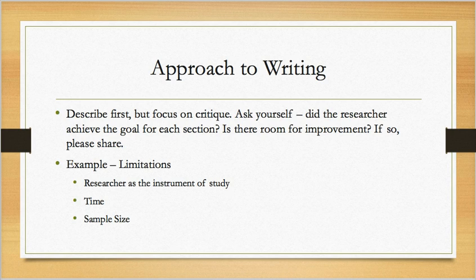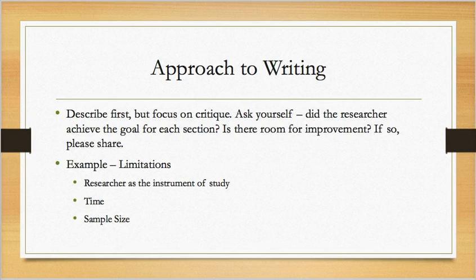Time is oftentimes a limitation because if you had more time to do the study, you probably could get more data. For example, if you're doing observations and you only observe for 30 minutes because that's all the time you had, perhaps a 2-hour observation might yield richer data, or frequencies of the observations can also be a time factor.